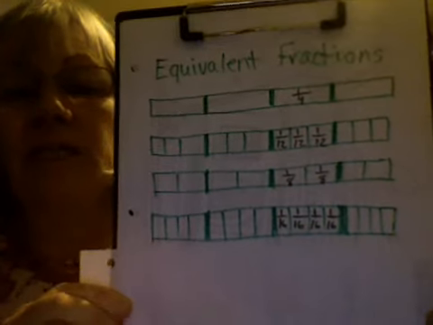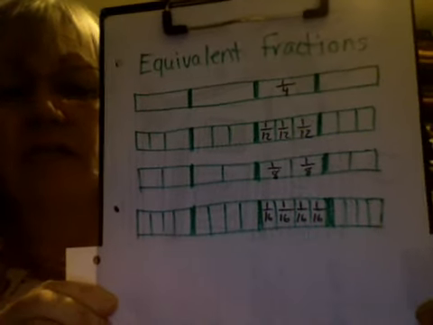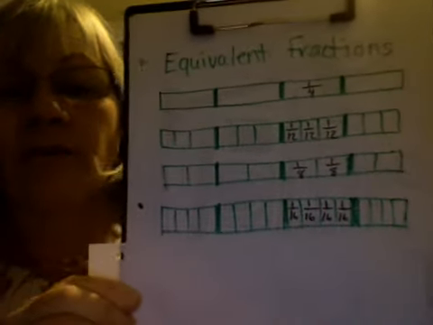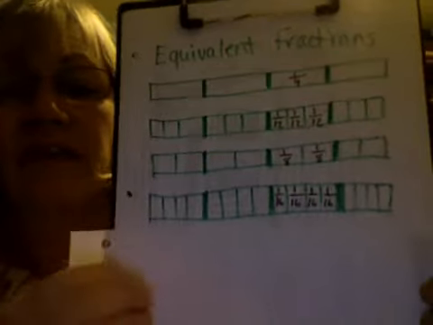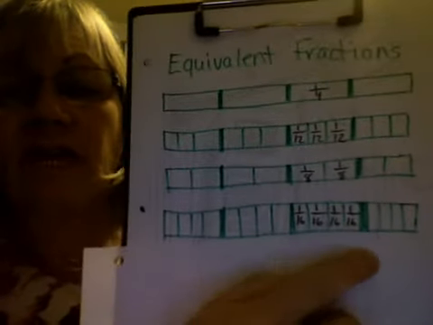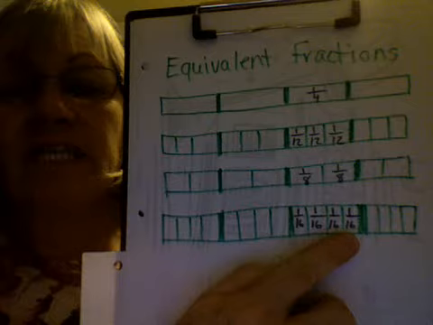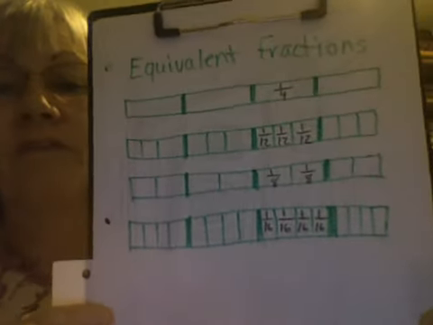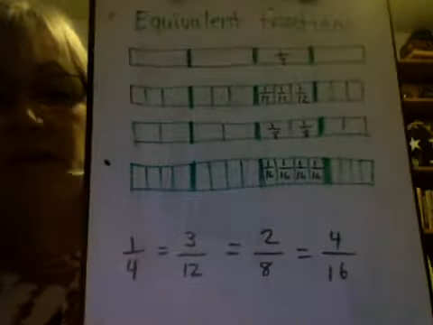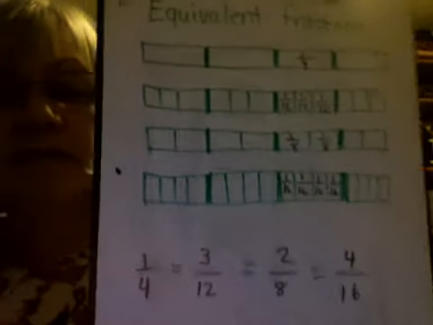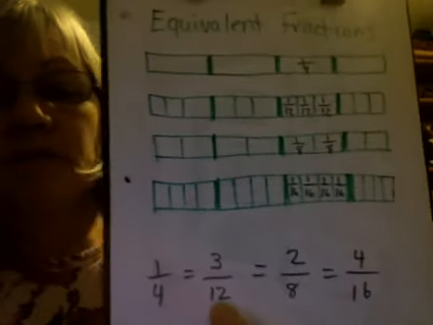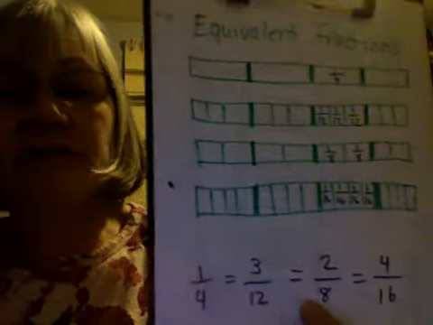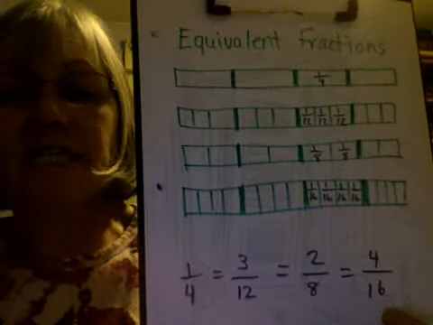That means lots more pieces, so the pieces are tiny. 1/16, another 3, and 4/16 are equivalent to 2/8 and 3/12 and 1/4. And here's how it looks if we write them all together. 1/4 is equivalent or equal to 3/12 and 2/8 and 4/16.